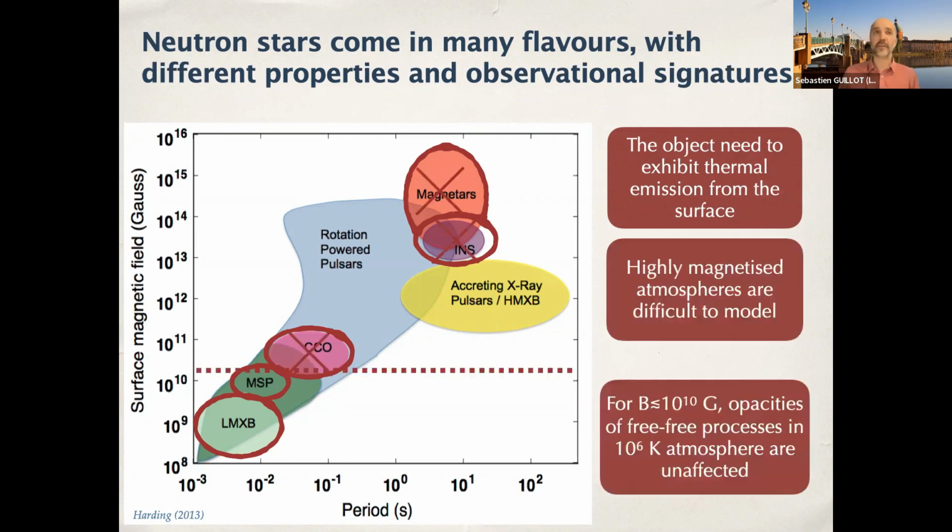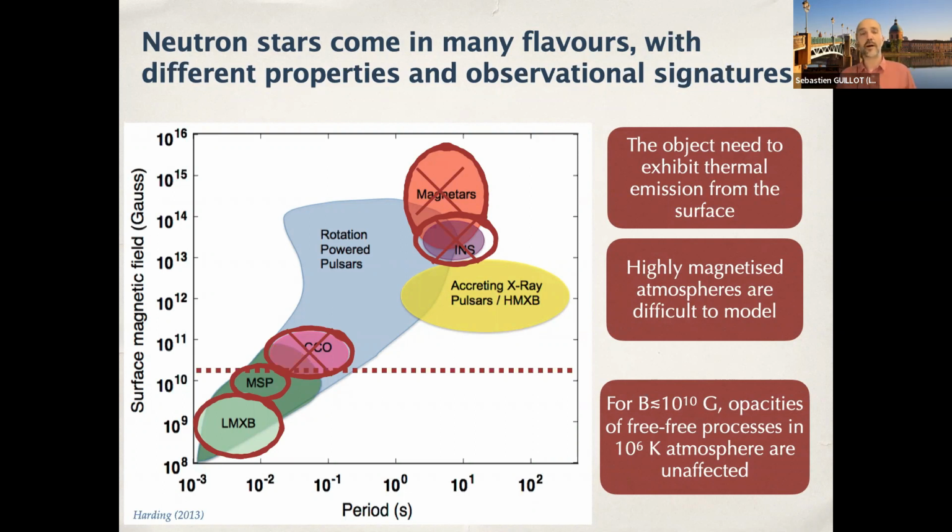But then a difficulty comes with the high magnetic field of neutron stars. When we are looking at the thermal emission from the surface of a highly magnetized object, it's a lot more difficult to model. There are models that exist for magnetized neutron stars, but it becomes difficult when, for very large magnetic field, the beaming of the emission at the surface will depend on the orientation of the magnetic field and so on.